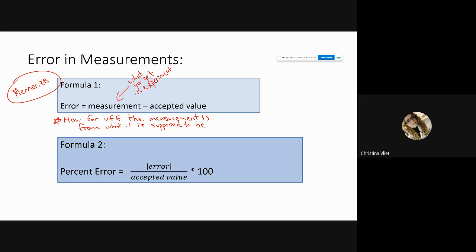Millions of people or thousands of people have verified that this is true. So the accepted value, for example, the boiling point of water, it is well known that pure water has a boiling point of 100 degrees Celsius. It's been tested, it's been verified. So the accepted value is what is known to be true, or what is known to be accurate.